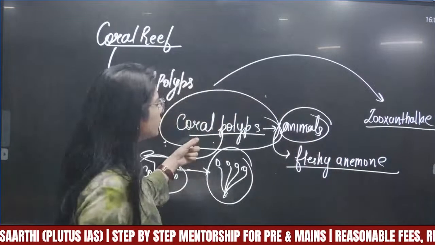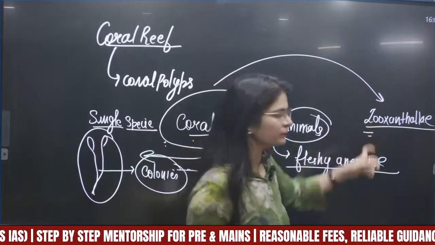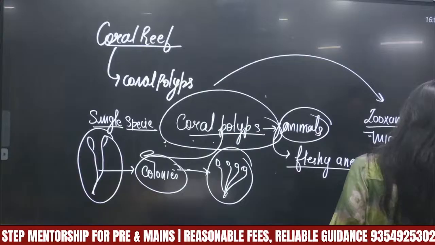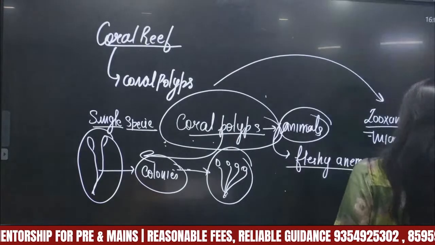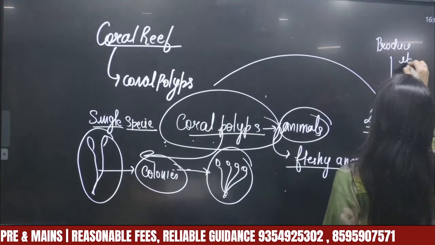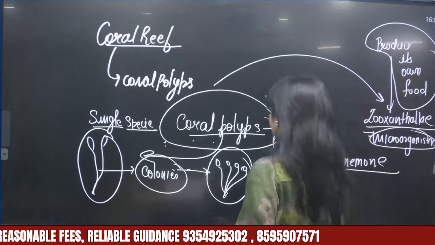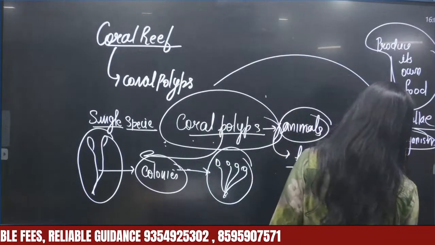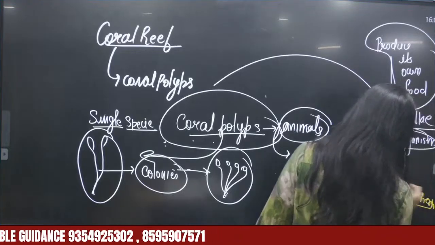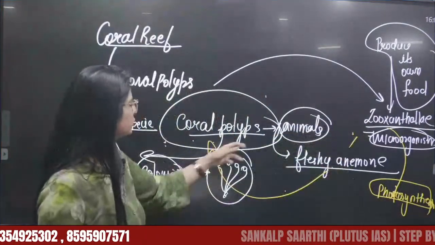Understand, this coral polyp is forming a symbiotic relationship with zooxanthellae. This is a microorganism which can produce its own food with the help of sunlight. It can go through the process of photosynthesis. Now, since it can go through the process of photosynthesis, it is serving a great utility to coral polyps.